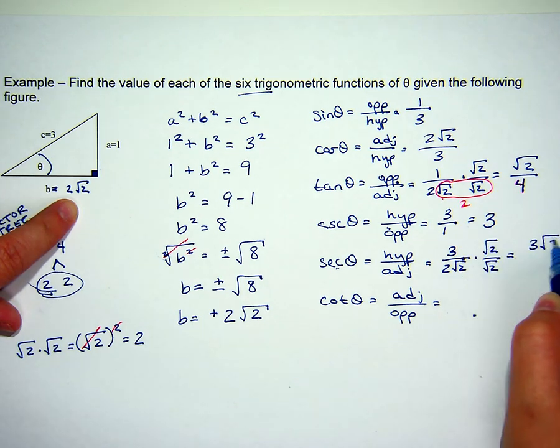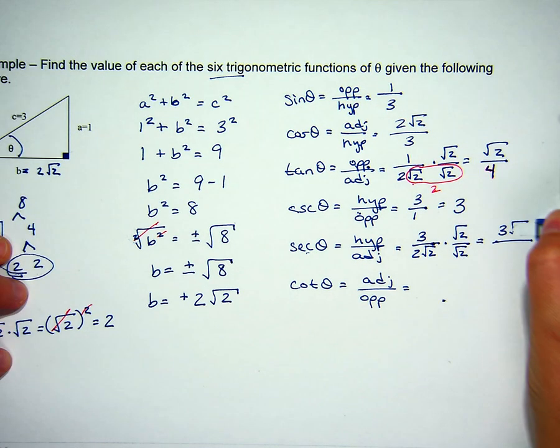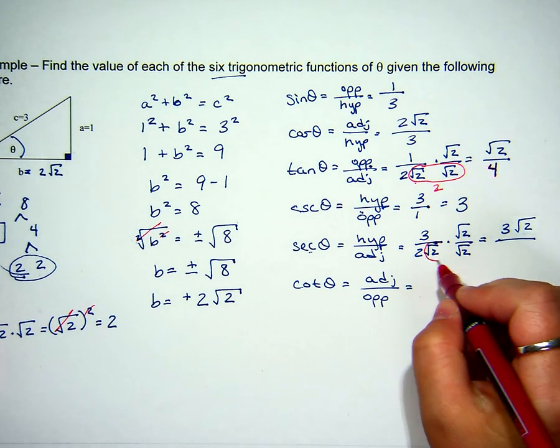So on top we have 3 square roots of 2. And then here we have the square root of 2 and the square root of 2. That gives you a 2, and a 2 times 2 gives you a 4.